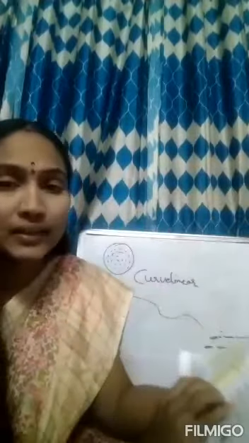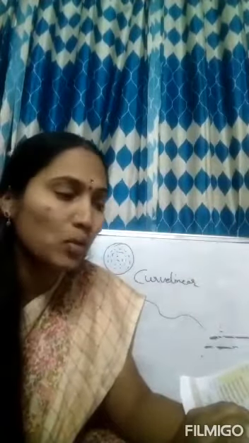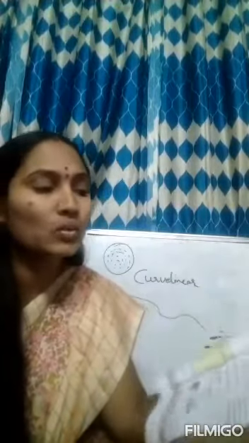Straight line, curved line. Example for the translatory motion, and these two definitions, rectilinear motion and curvilinear motion. These two definitions you have to write, and examples for the translatory motion.